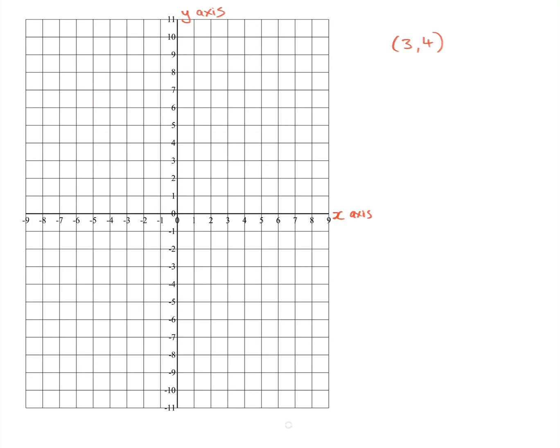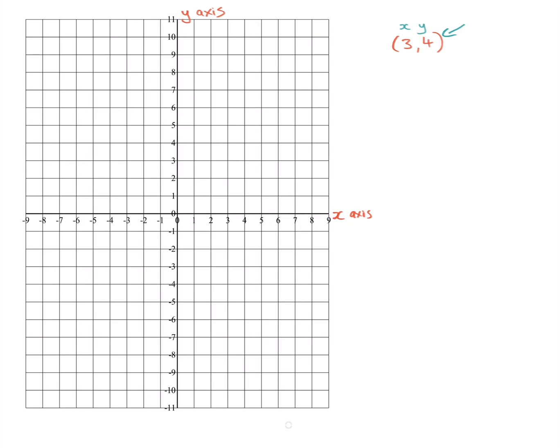The first thing we do is write a little X above the first number and a little Y above the second. Remember, X comes before Y in the alphabet. So X is the first number and Y is the second.